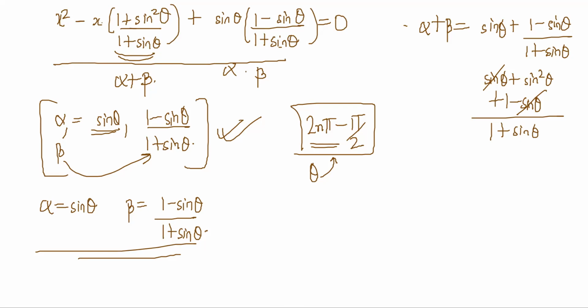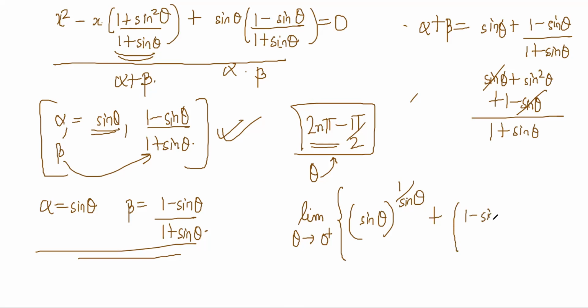Limit as theta tends to 0 plus of alpha to the power 1 by sine theta, so sine theta to the power 1 by sine theta, plus beta to the power 1 by sine theta, that is 1 minus sine theta by 1 plus sine theta to the power 1 by sine theta.